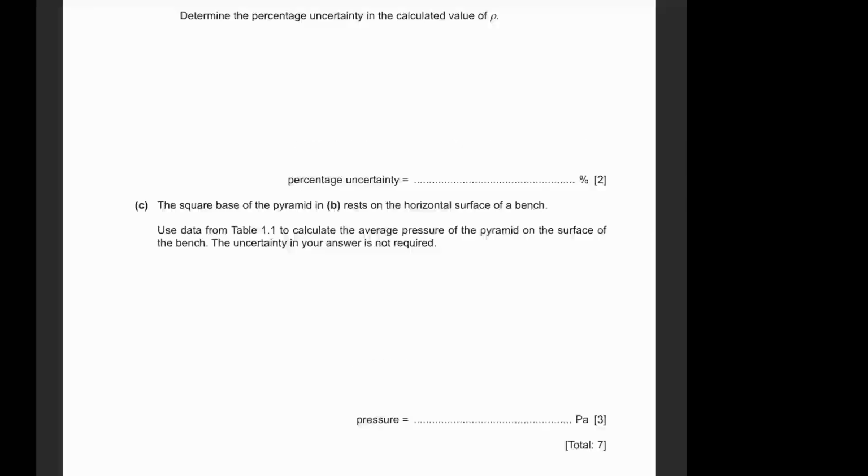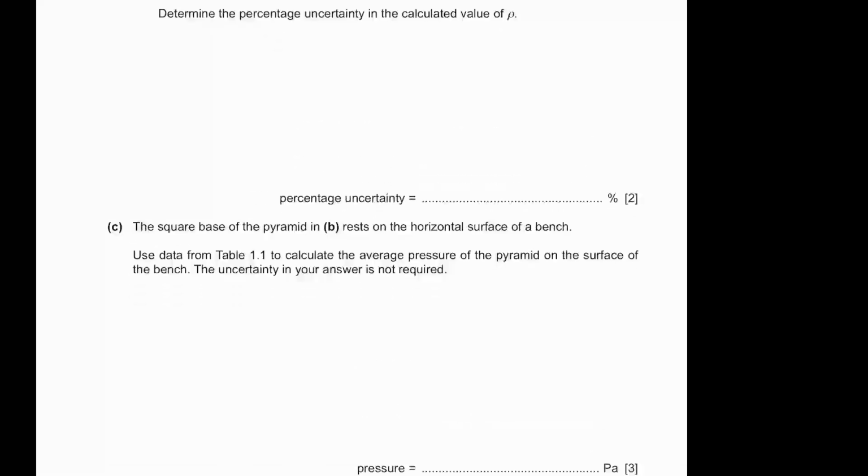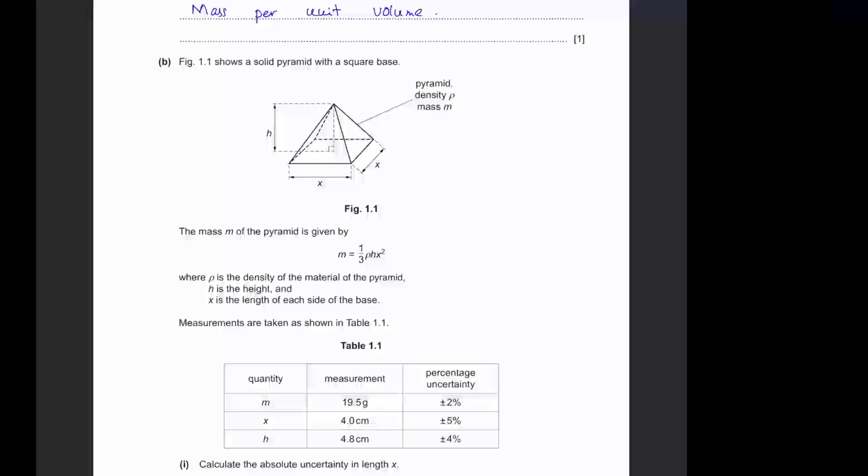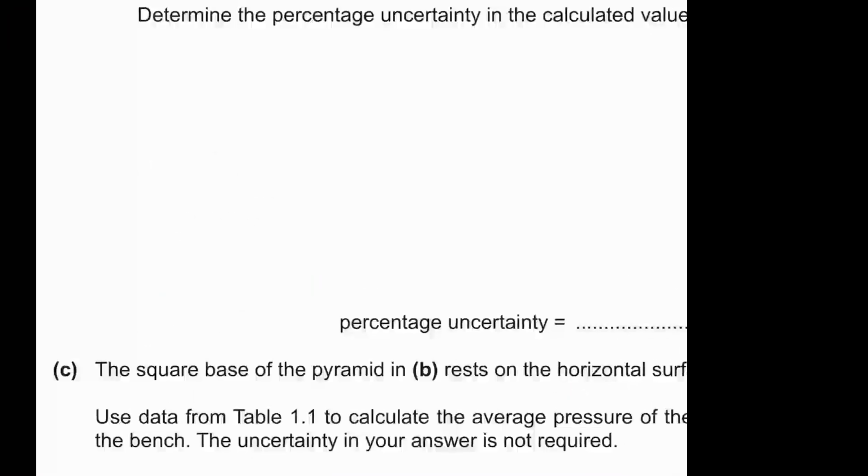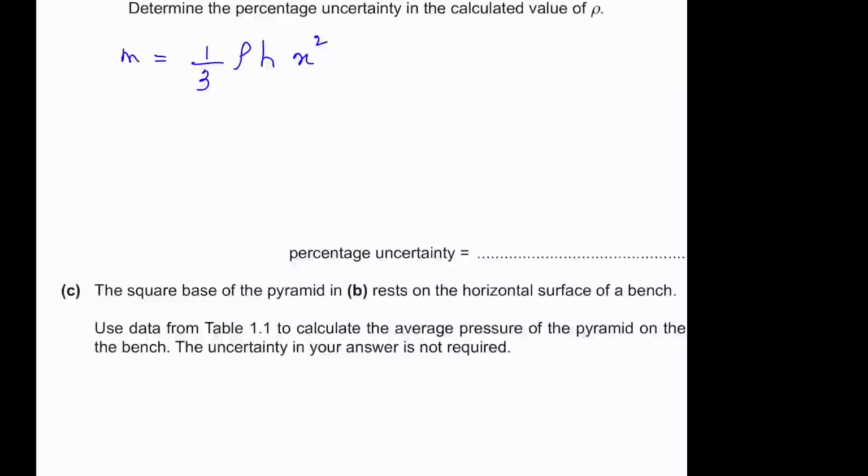The density ρ is calculated from the measurements in table 1.1. Determine the percentage uncertainty in the calculated value of ρ. M equals 1/3 ρ h x². So if you make ρ the subject, ρ equals 3M over h x².